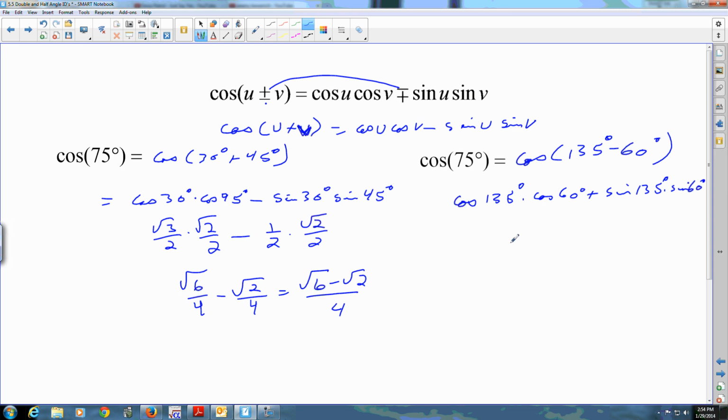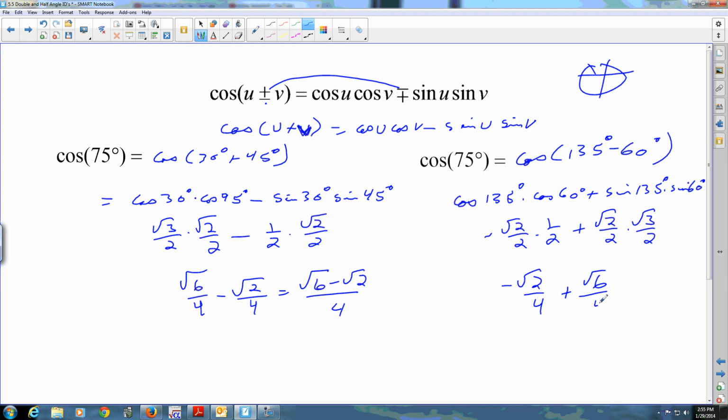So, cosine of 135, now remember 135 is hanging out over there, so you got negative square root of 2 over 2 times cosine of 60 is a half, plus sine of 135, that would be square root of 2 over 2 times sine of 60 is square root of 3 over 2. So you have negative square root of 2 over 4 plus square root of 6 over 4. So you see you're going to get the same thing. Okay?